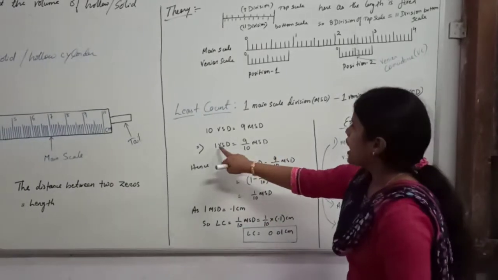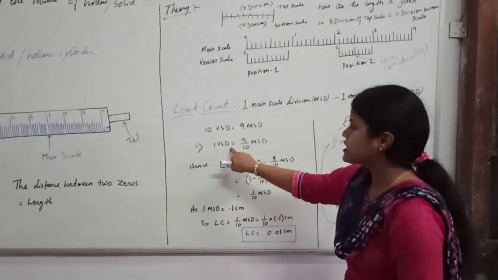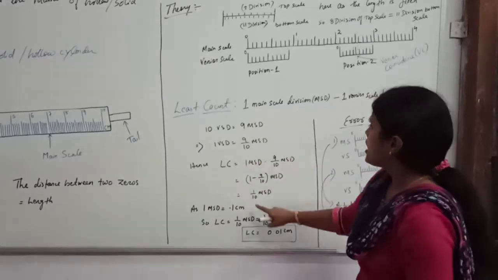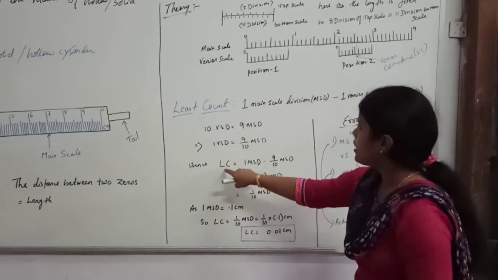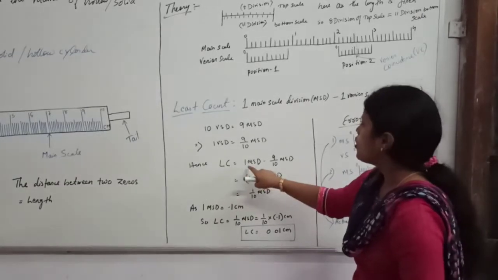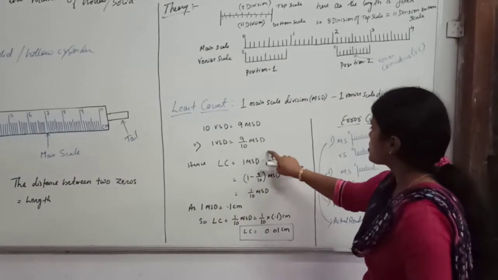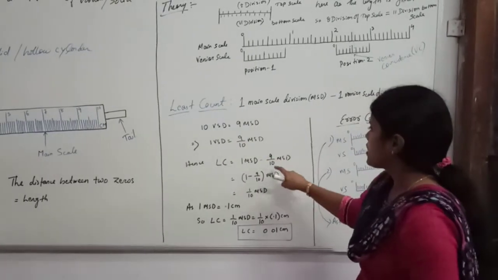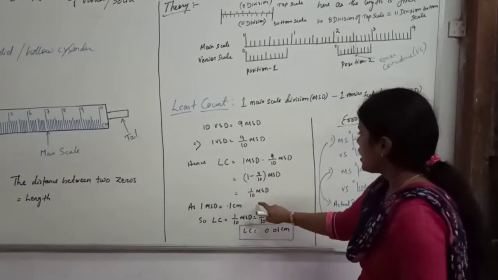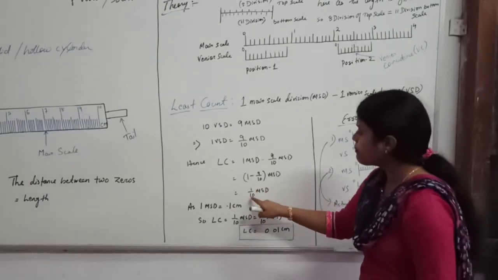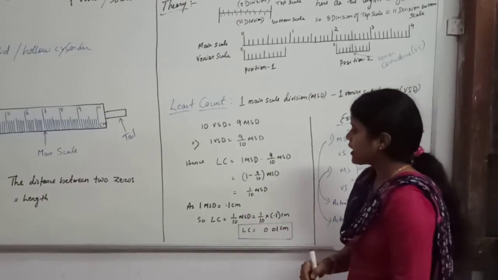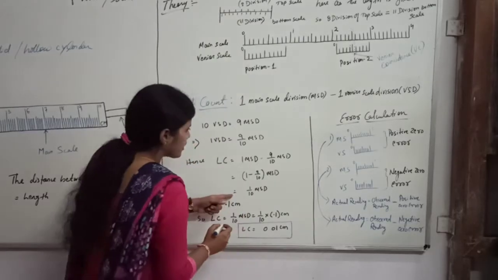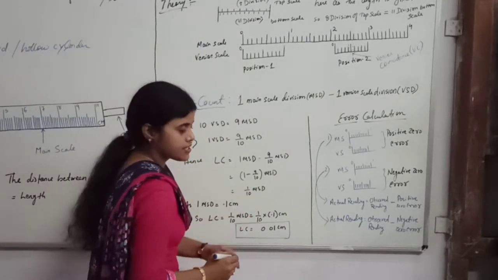That's why I got the relation 1 VSD is equal to 9 by 10 MSD. Then I will rewrite the formula. LC, least count, is equal to 1 MSD minus 1 VSD. In place of 1 VSD, I wrote 9 by 10 MSD. After doing the subtraction, I got 1 by 10 MSD. So least count is equal to 1 by 10 MSD.